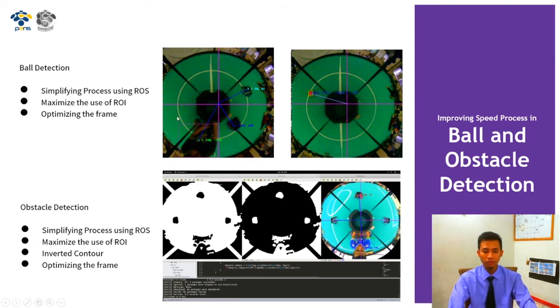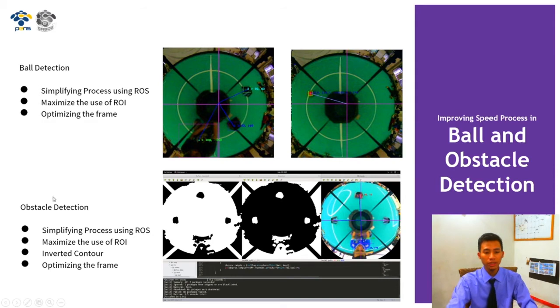Before I did the research, the frame was still big, so I compressed or cropped the frame so the process is not too big and is faster because the frame is smaller. And then I optimized the frames, so I throw away and release many frames that aren't used, and I use frame by frame.